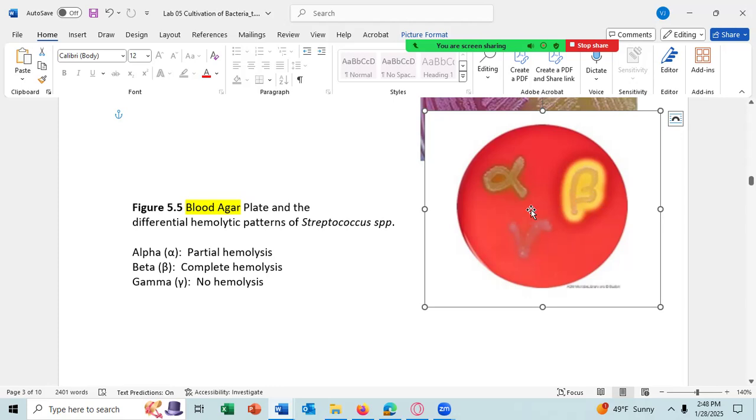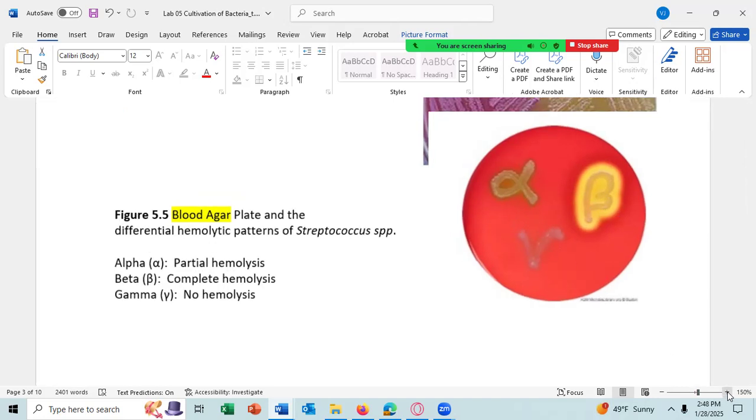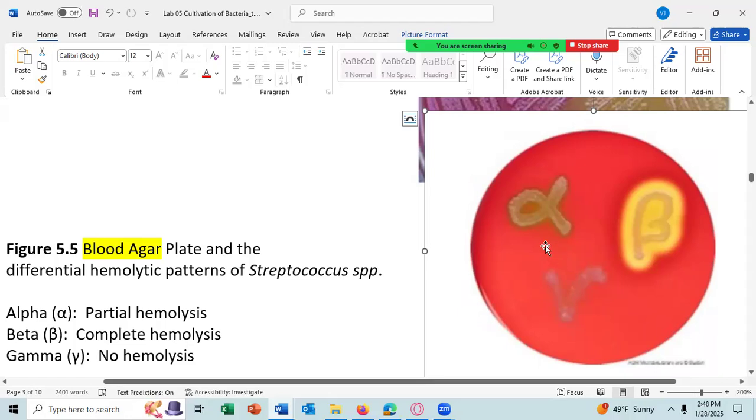There's also alpha hemolysis, and that's the partial hemolysis of the blood. So here we have the red blood, and let me blow this up a little bit. And as you get really close to the alpha, which is the non-white streak of bacteria growing, you can see a darkened ring around the alpha. The darkened ring is really visible inside the alpha because it's entirely dark.